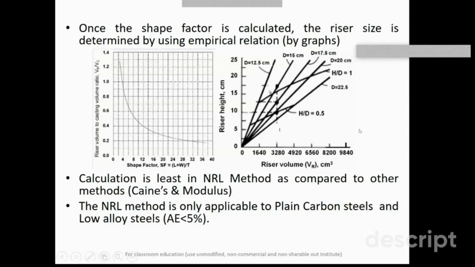And now they have simplified all the calculations. But there is a drawback: the NRL method is only applicable to plain carbon steel and low alloy steel. In plain carbon steel, you know that carbon is the major alloying element. And in plain carbon steel, there are 3 different types of steel: low carbon steel, medium carbon steel, and high carbon steel.